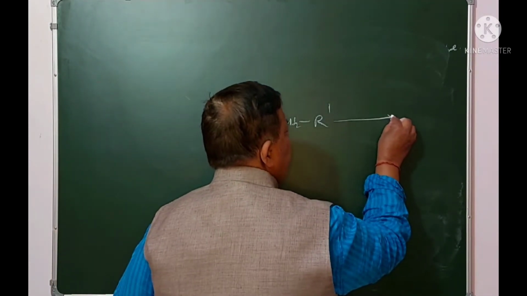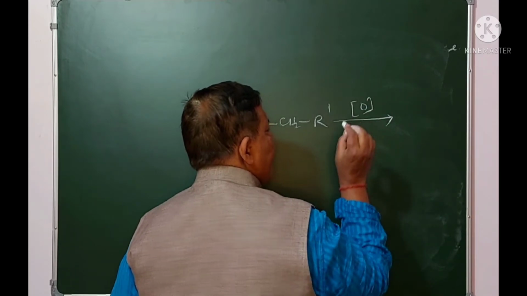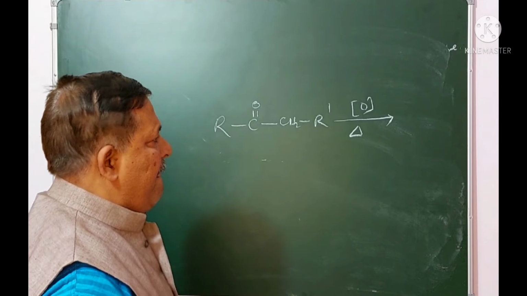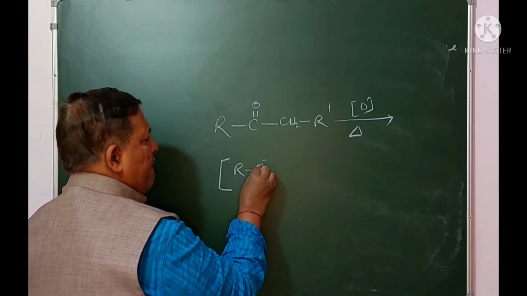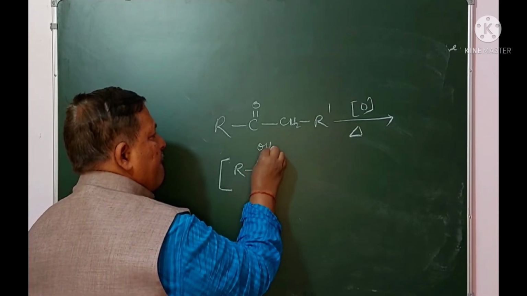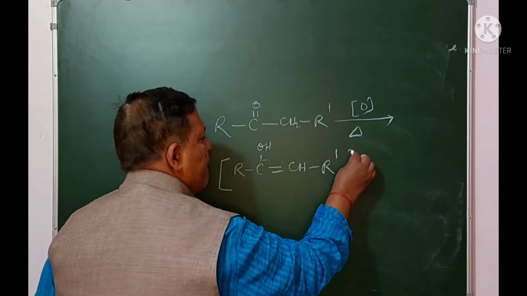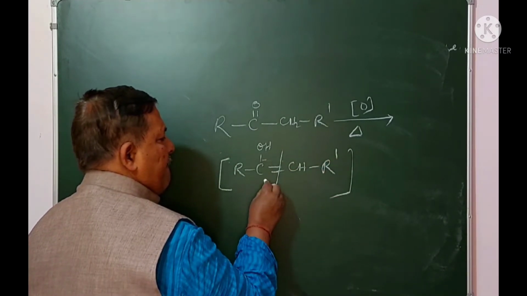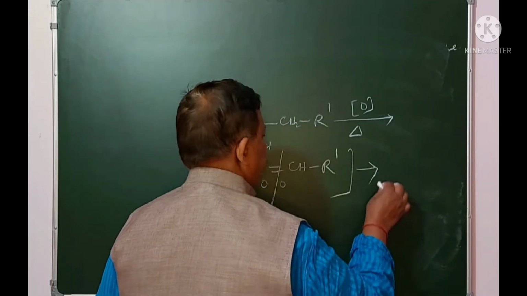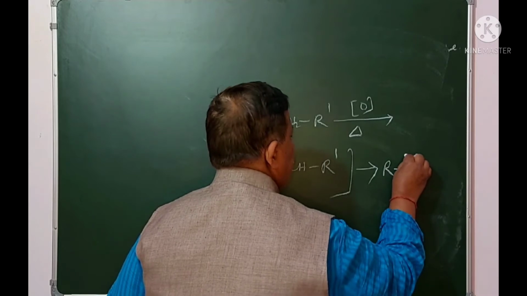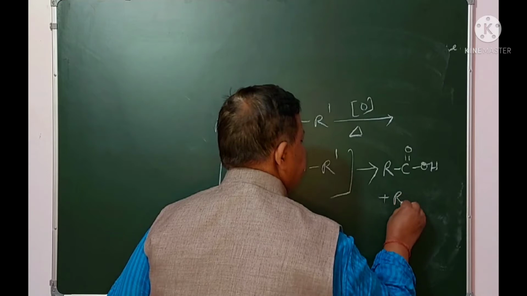When a ketonic group is present in an open chain, it is converted into monocarboxylic acid with lower carbon.